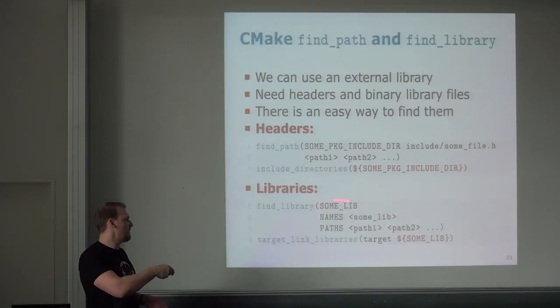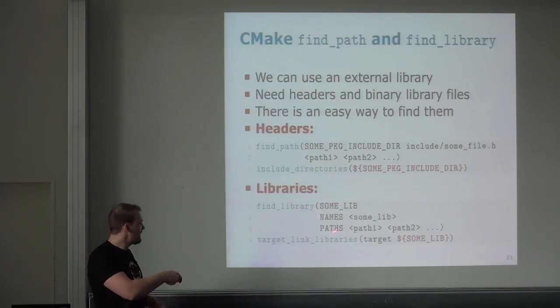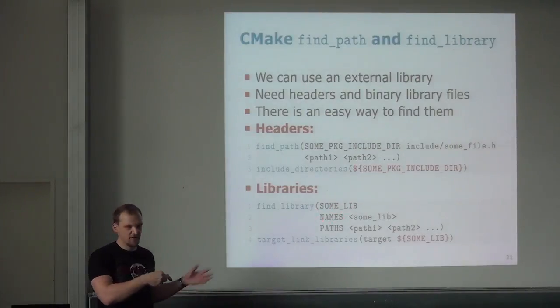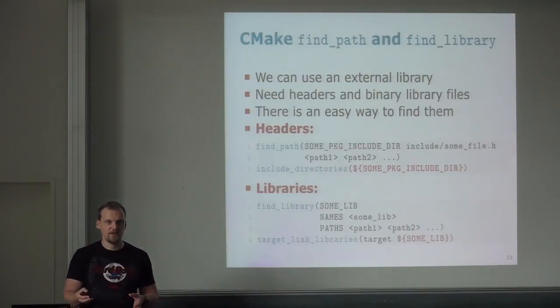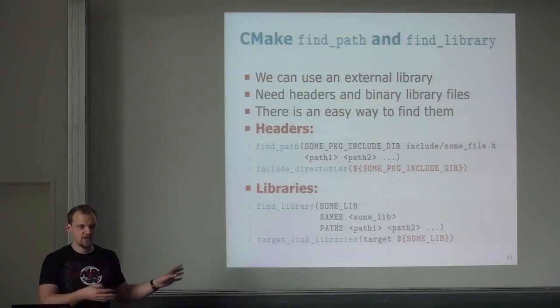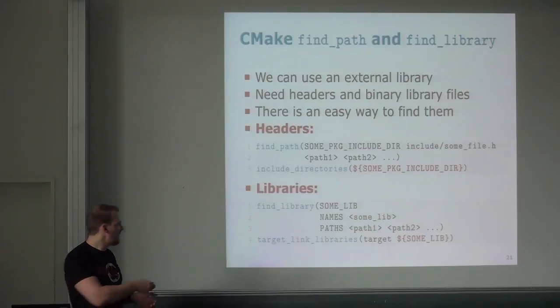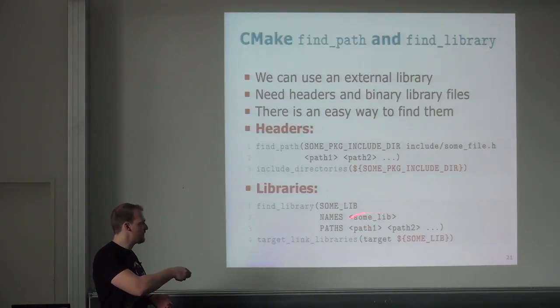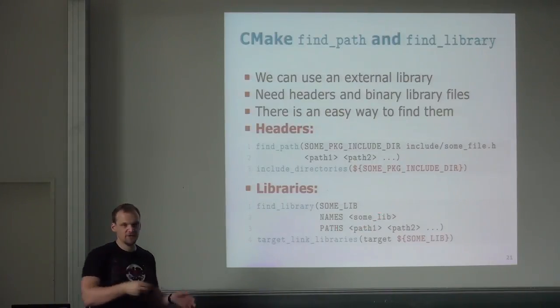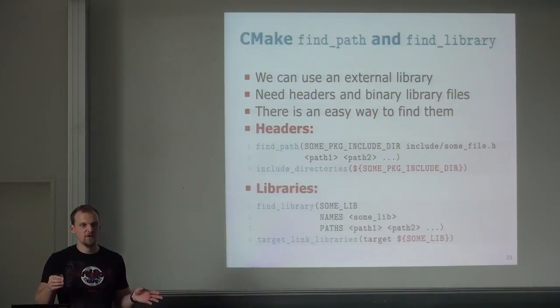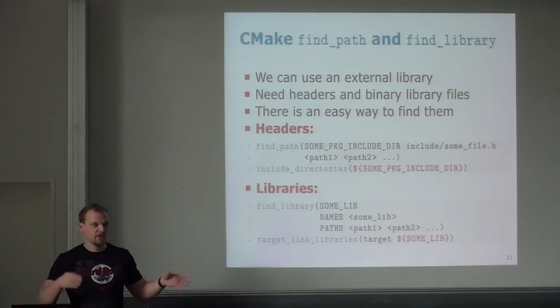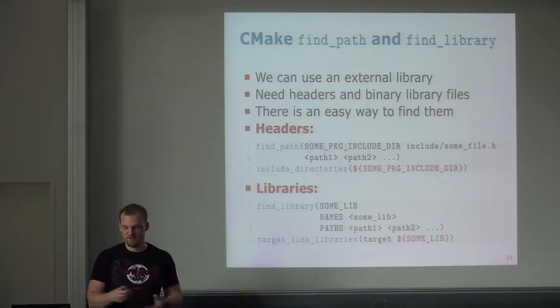This is again the variable that will be returned for you. You give some names that you want to find. So say in our case it was IO tools, right? We had that example before. So you would type IO tools here, and then you give paths where to search for it. So you tell it to look here, there, I expect it to be there, and so on.